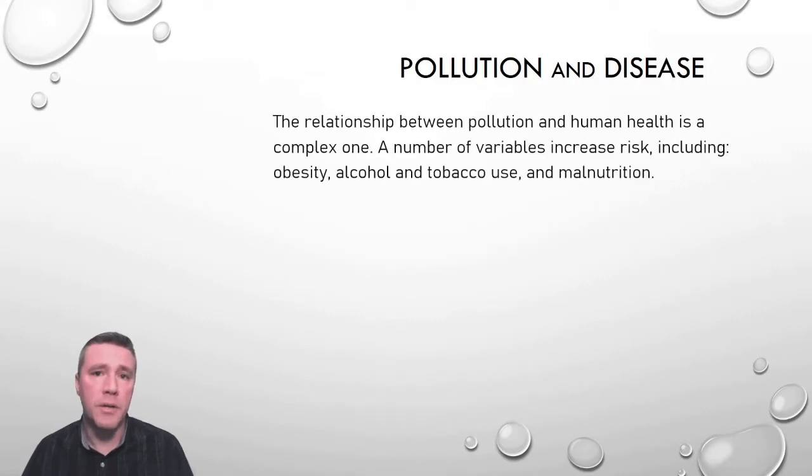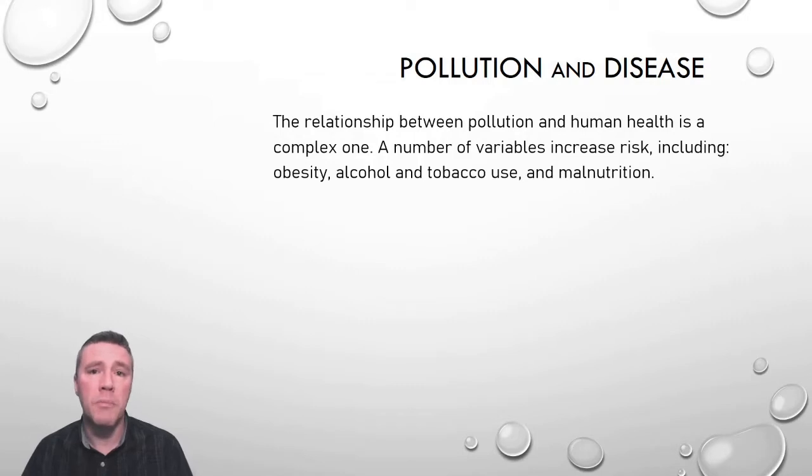Numerous factors can cause people to be at risk for both acute and chronic diseases, and the presence of pollutants in the environment complicate the evaluation of that risk. Although air and water pollutants themselves don't directly cause disease, they may contribute to conditions that are more conducive to disease transmission.